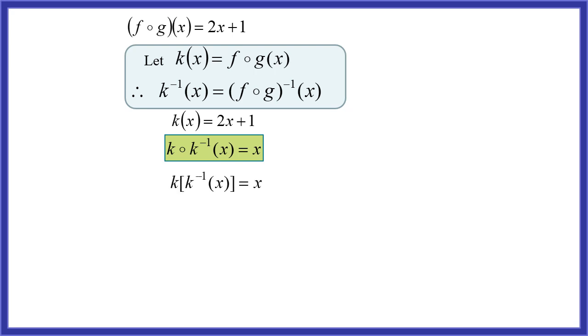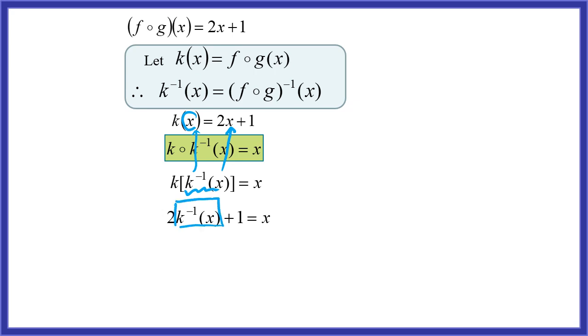So K of K inverse x equals x. What is K? K is 2x plus 1. If we replace the x here with K inverse, the x on the right side also needs to be replaced by K inverse. So 2 of K inverse x plus 1 is equal to x. Let K inverse be the subject.